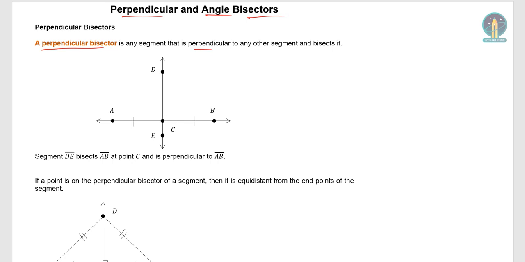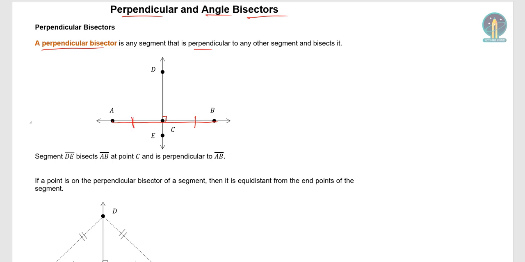So let's look at what we have here. We have a segment AB, the horizontal segment, and then we have segment DE perpendicular to AB at point C, and also bisecting it.